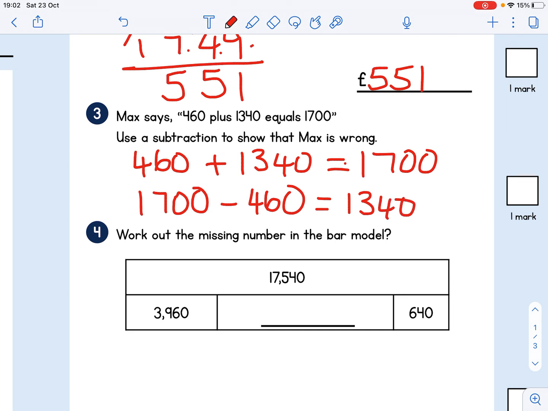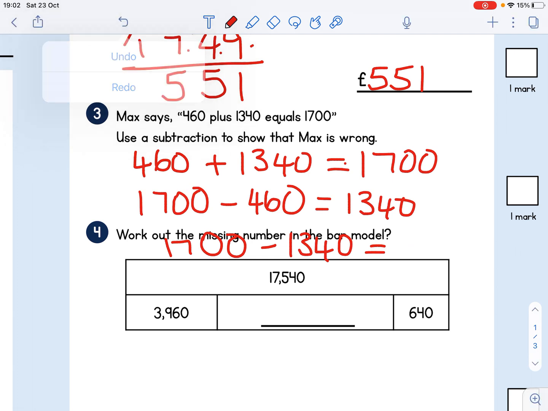Also 1,700 take away 1,340 should equal 460. Okay, and so we can check any one of those.